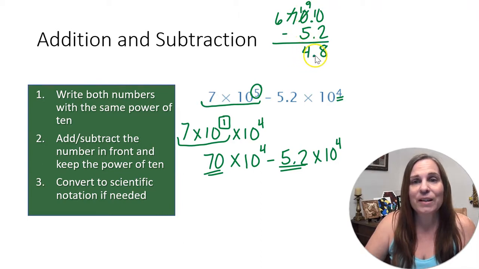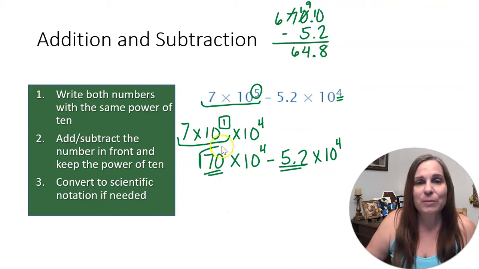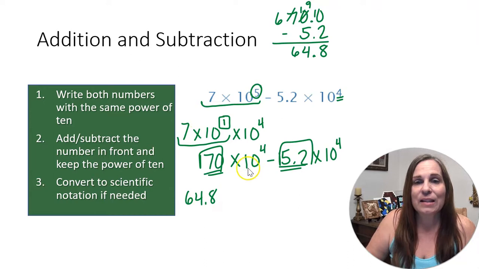Oh, don't forget about that decimal. And then bring down the 6. So now after doing the subtraction, right, these two numbers, I get 64.8. And now I keep my power of 10, times 10 to the fourth.